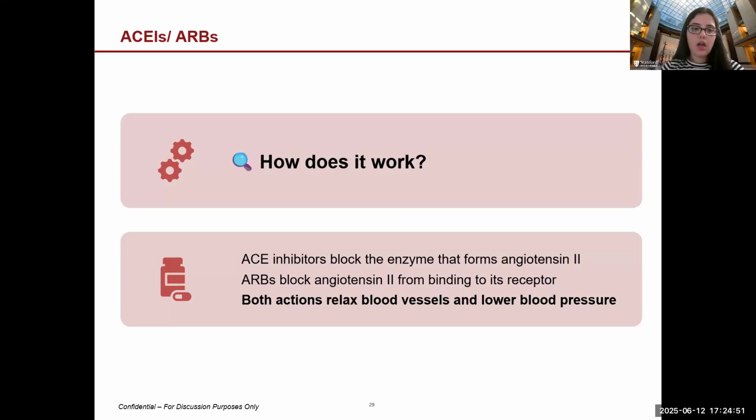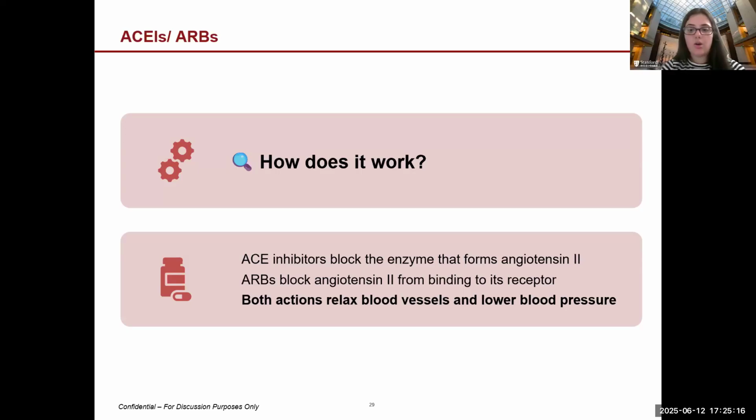So how do they work? The ACE inhibitors block an enzyme that forms angiotensin 2, and ARBs block angiotensin 2 from binding to its receptor. In simpler terms, both of them will relax the blood vessels and lower blood pressure.